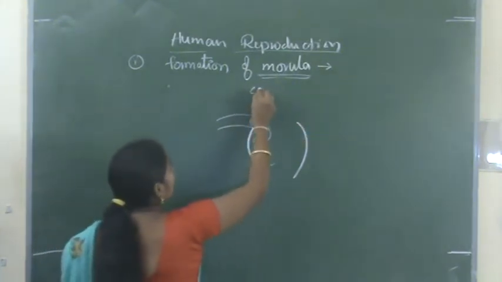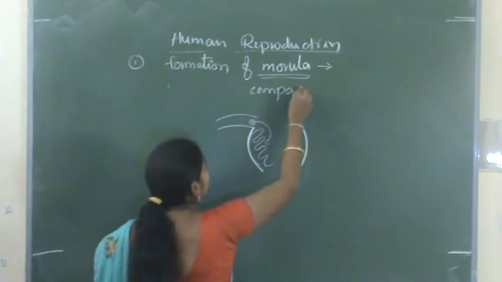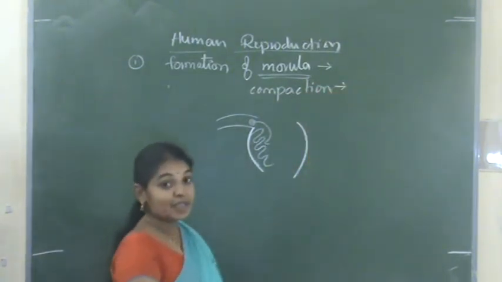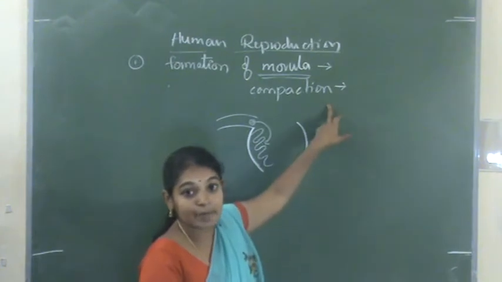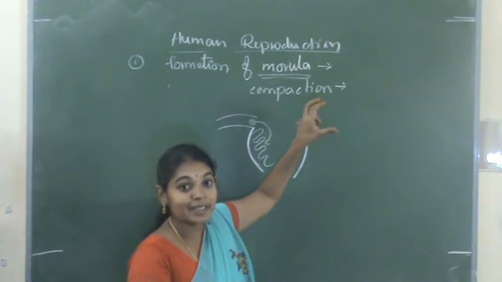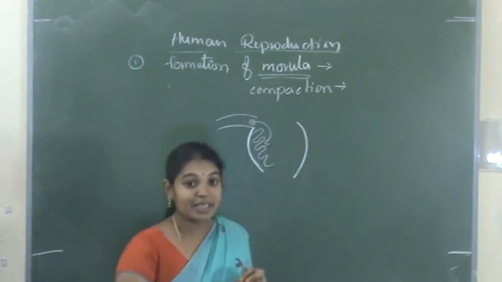So what does the compaction process mean here? As we already discussed, two types of cells are produced: smaller cells and larger or bigger cells.